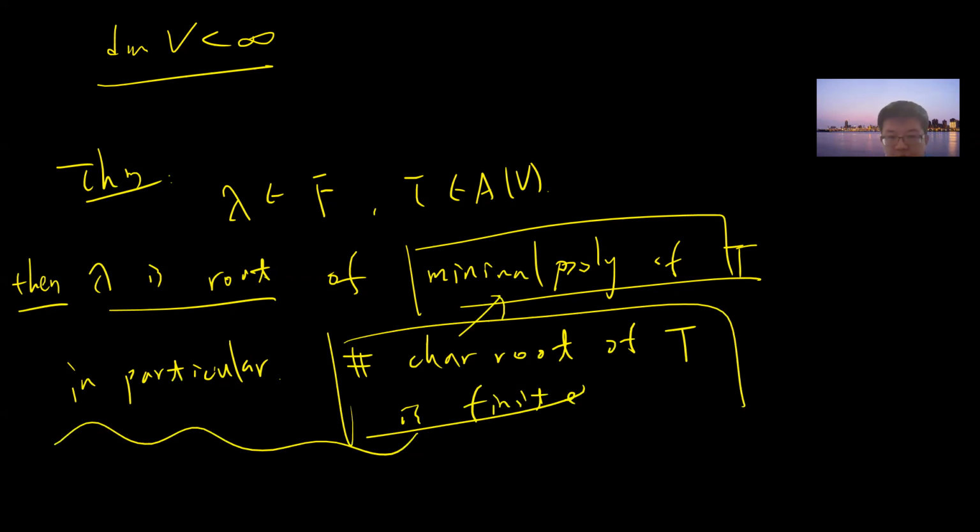So the proof should be simple, right? Suppose p(x) is the minimum polynomial of T, and then we know that p(T) is 0, right?